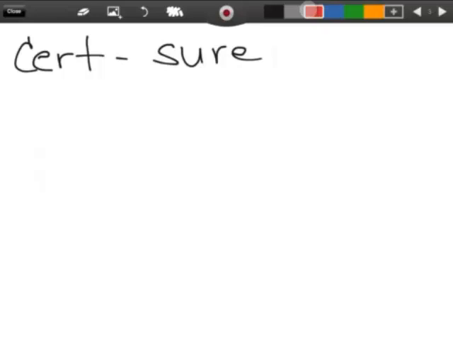Moving on to our next root, which is cert. I'm going to go ahead and underline this, guys, since this is commonly used, and the meaning of this is sure. And I'm going to give you two examples for this root. One of them is certify.